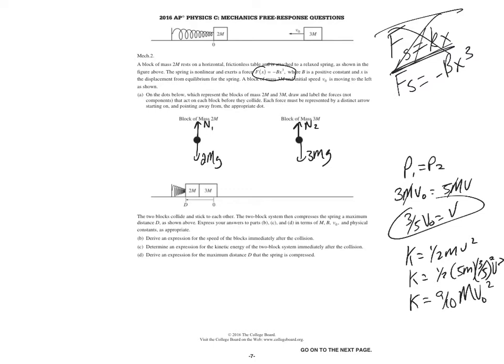And then D, derive an expression for the maximum distance the spring is compressed. So what you want to do here is say that the spring's potential energy is going to be converted fully into kinetic energy. But we need an expression for the spring's potential energy, and the way we do that is the integral of the force dx.